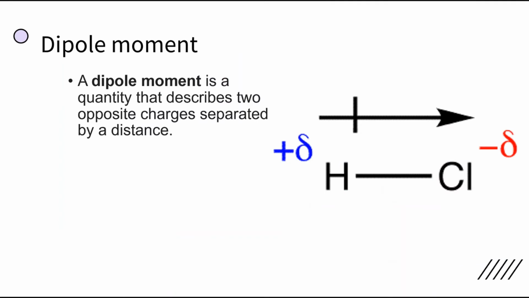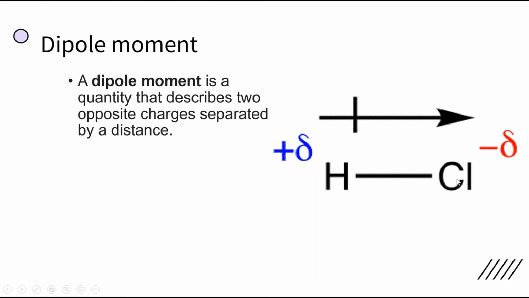Molecular dipole moments are just the vector sums of the dipole moments of individual bonds. It is the quantity that describes two opposite charges. For example, take hydrogen and chlorine with a bond between them. The chlorine atom has a higher tendency to attract the electrons shared here.